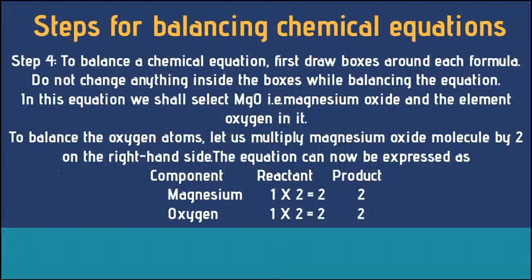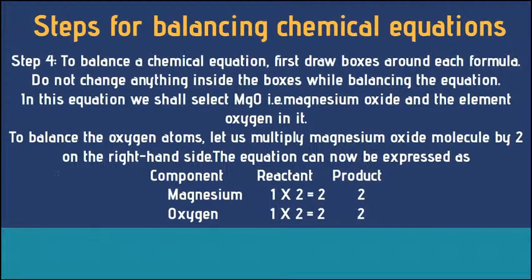In that compound, select the element which has the maximum number of atoms. In this equation, we shall select MgO, that is magnesium oxide, and the element oxygen in it. So, to balance the oxygen atoms, let us multiply the magnesium oxide molecule by 2 on the right hand side.